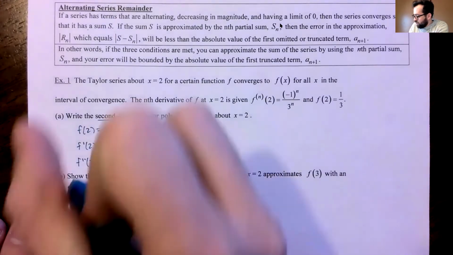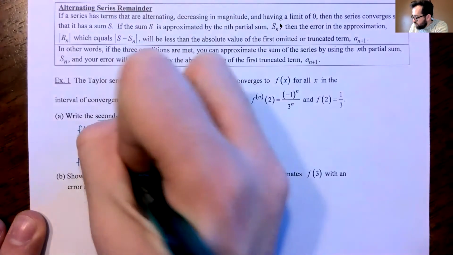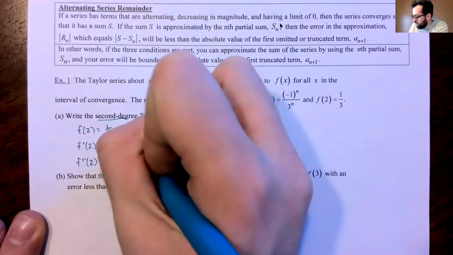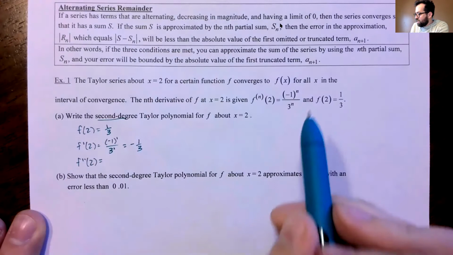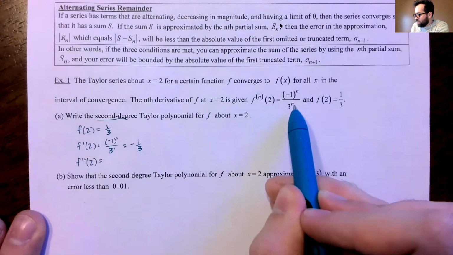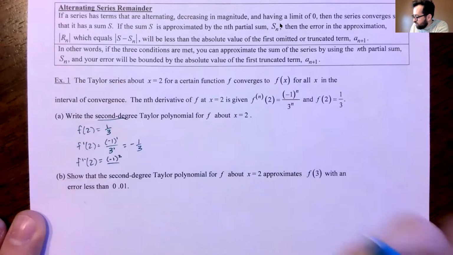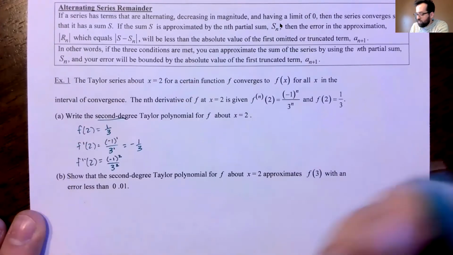So we have -1 to the first over 3 to the first. So that's going to be -1/3. And the second derivative means we are plugging in 2 for n. So we're going to have -1 to the second over 3 to the second.